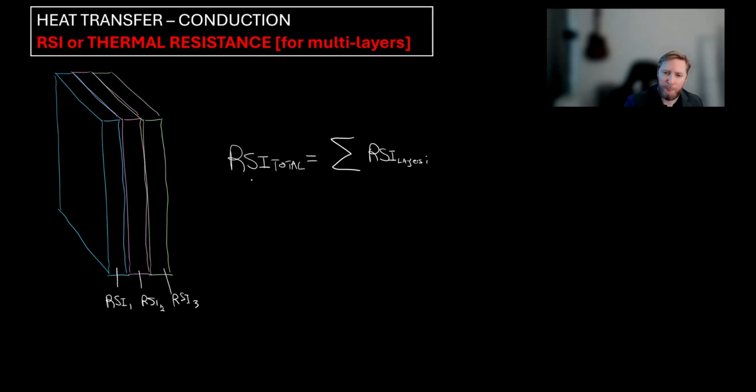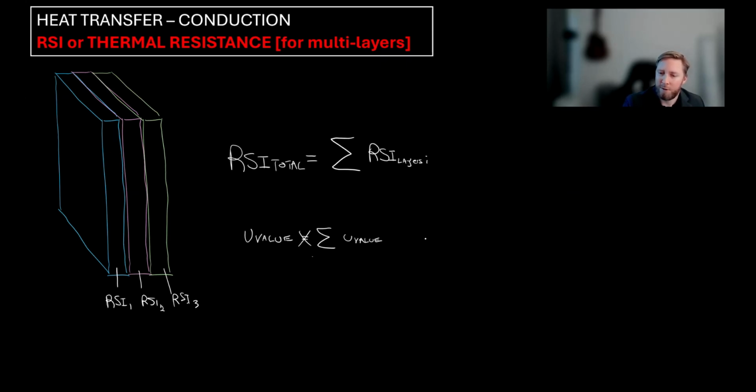So very simple. Now, when it comes to the U value, if you want to know the U value of that whole system, you might think that you can just take the U value of each layer and add them, but you cannot. It will not give you the right answer. You can only add the RSI to find the total RSI.